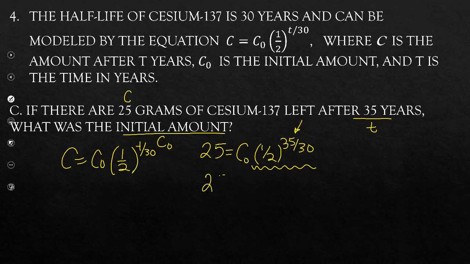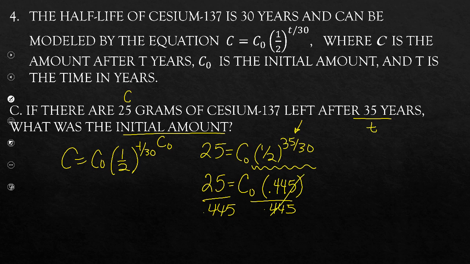So this simplifies to be 25 equals C sub 0, the initial amount, multiplied by 0.445. Okay, in order to isolate our initial amount, we're going to divide both sides by 0.445.